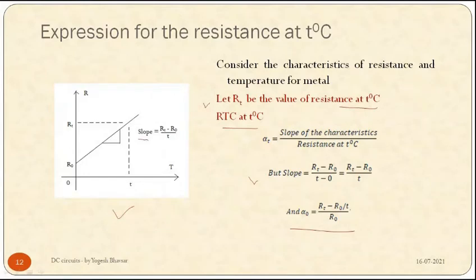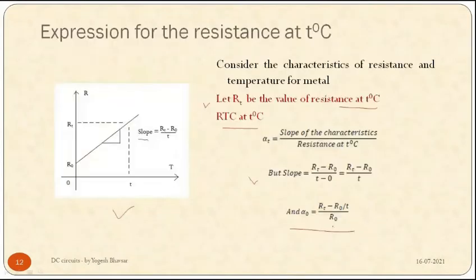The slope will be the same. Now see, whenever we define any RTC, we take the same slope because of linear characteristics. In linear characteristics, the slope is the same throughout the length. So alpha 0, RTC at 0 degree Celsius, is RT minus R0 by T divided by R0. This is the RTC at 0 degree Celsius.